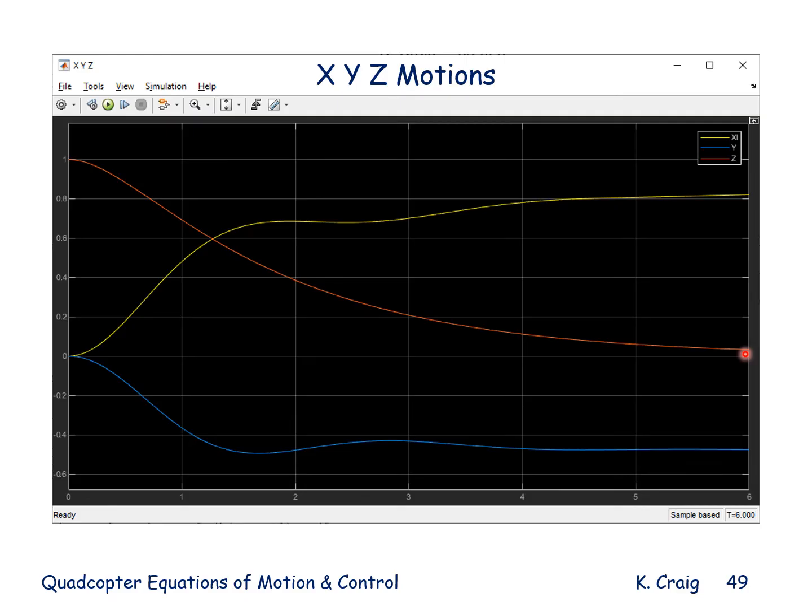However, the X and Y motions are not under control, and they vary from a starting point of 0 to some final equilibrium point, which is not 0. To have the drone follow a certain trajectory, the X and Y coordinates need to be under control.